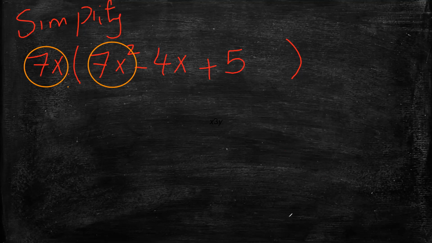As we did in chapter 7, first multiply the coefficients, then multiply the variables. 7 times 7 is 49. Then x times x squared, don't forget you have to add the exponents. Here you have 1 and here you have 2, so it will be x cubed.